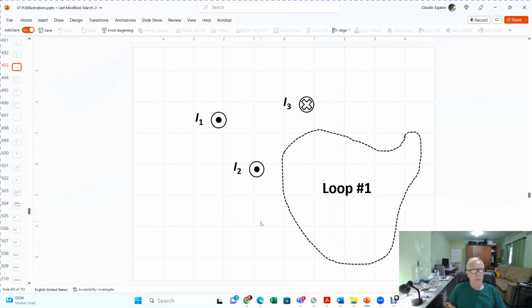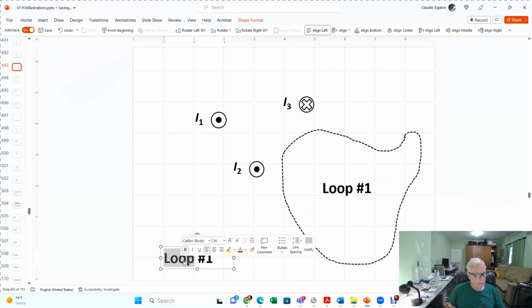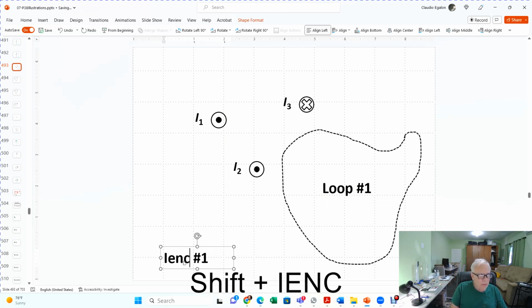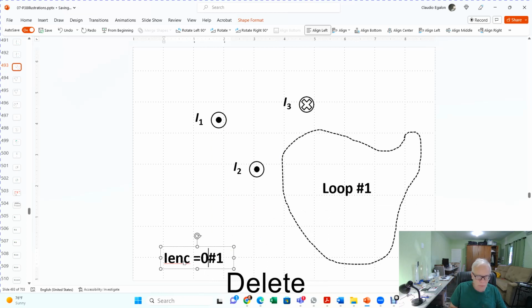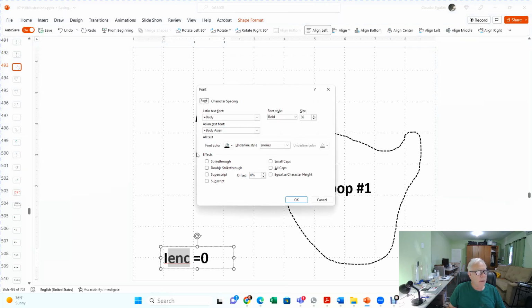This loop doesn't enclose any current whatsoever. Consequently, the current enclosed by this loop is going to be 0. We can write that as I enclosed equal to 0. That's the geometrical interpretation for that integral, and that's what you need to know to start solving problems.